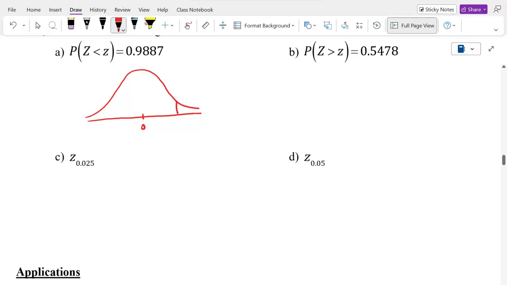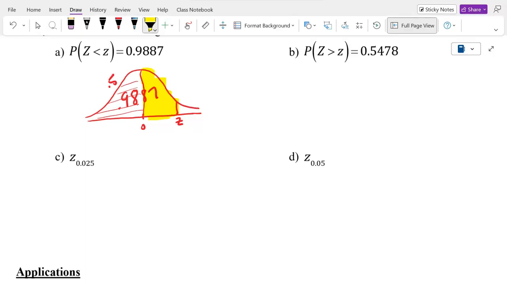I'm going to go all the way up to here and say all of this is 0.9887. Why, Miss Lopez? Well, because if I start at 0 and head this direction, that much of it is 0.5, isn't it? So I'm really needing this z-score, which means if I knew this, I could get it.